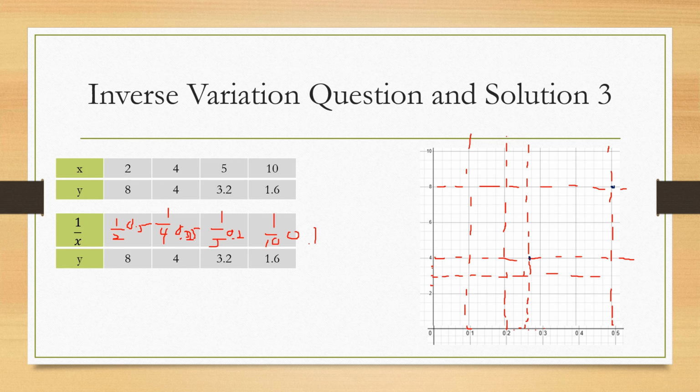Okay. And then 3.2 would be with 0.2, so here, and 1.6. 1, 2, 3. So 0.4, 0.8, 1.4. So right here. So here would be plotted.